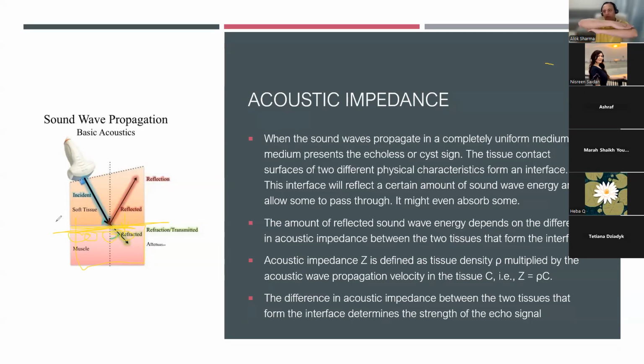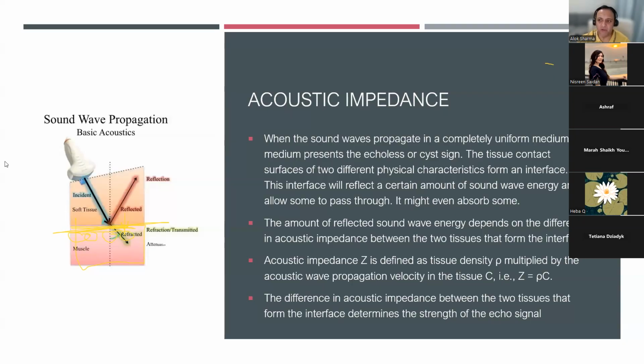So if you have pleura and air, you'll have maximum reflection at the pleural air interface, which means pleura will appear bright. But the portions behind that may not appear as bright. So pleura tends to be leaner and appear as a bright structure. This difference in density is called acoustic impedance, and it really depends on tissue.